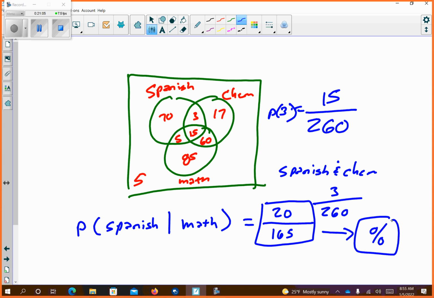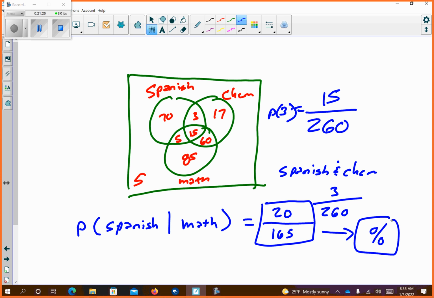A lot of times a percent is used to influence the reader. A lot of times at 20 out of 165, the reader's not going to really be like, oh, that's a big deal. But then if you convert it to a percent, then the percent can influence the reader to agreeing or disagreeing with you a little bit more.